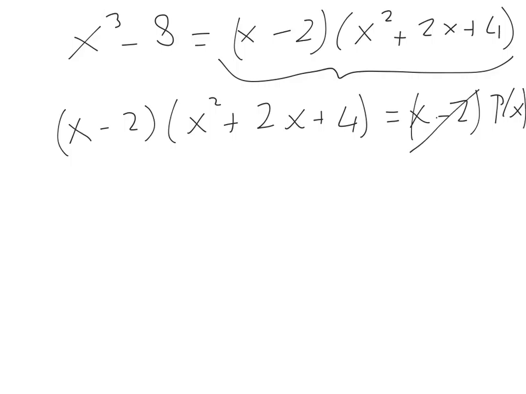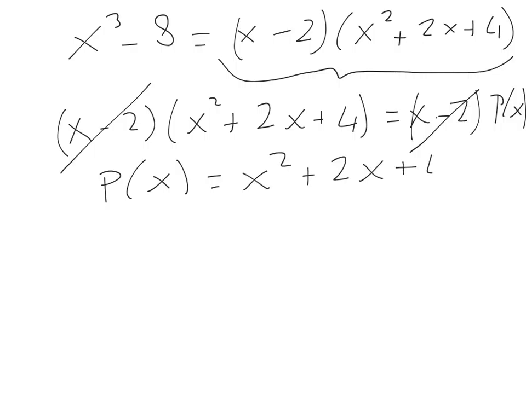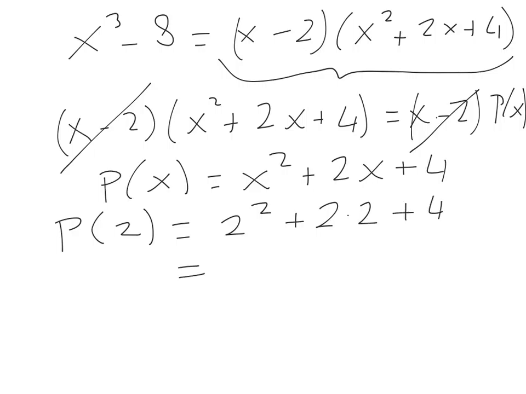As you see, we can simplify the x minus 2's, then p of x equals x squared plus 2x plus 4. What am I being asked? Let's remember, we have to find p of 2. P of 2 is easily found by plugging in 2 for x: 2 squared plus 2 times 2 plus 4, which is 4 plus 4 plus 4, which is 12.